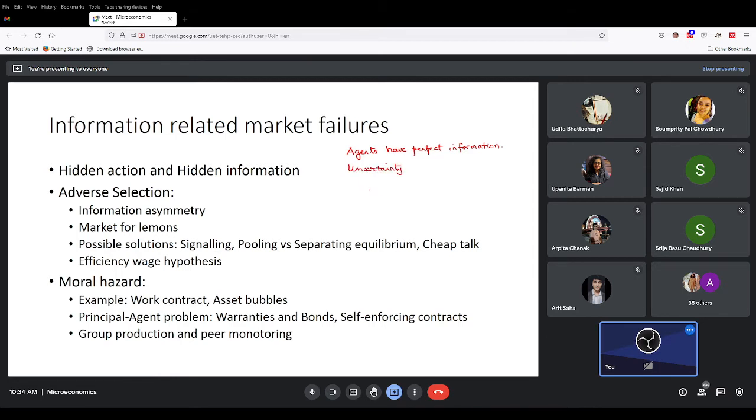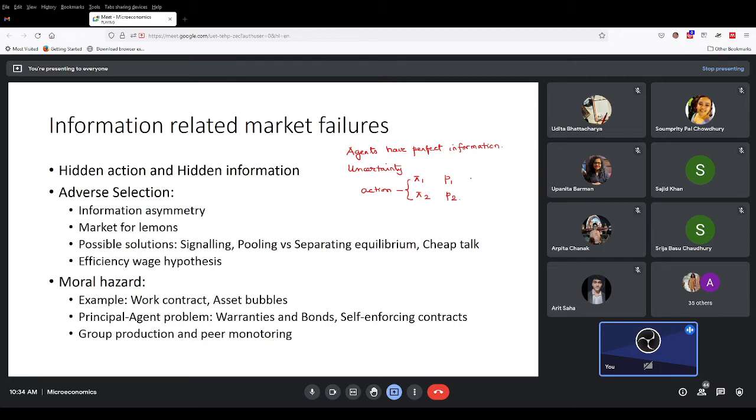Uncertainty means that if I undertake some action, I'm not sure what the payoff will be. So let us say I've got two payoffs, pi 1 and pi 2, and associated with each of them we have a probability vector. The probability that I'm going to get a payoff of pi 1 is p1. The probability that I'll get pi 2 is p2.